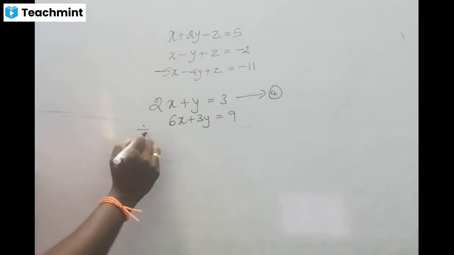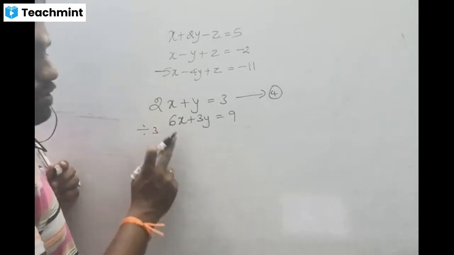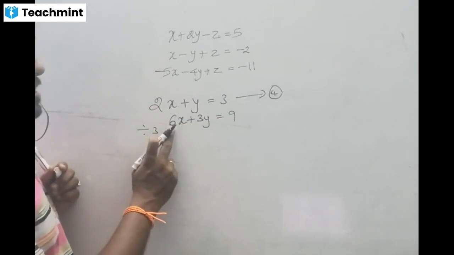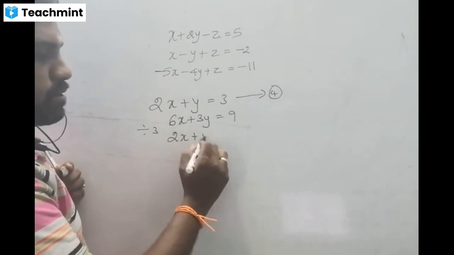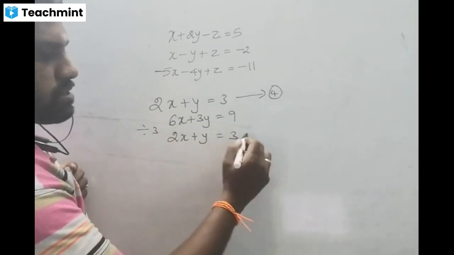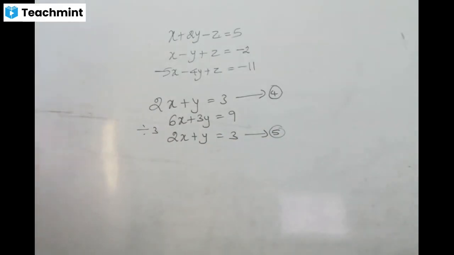Suppose I want to simplify the equation by dividing by 3. Each element divided by 3, then what we get? 2x plus y is equal to 3. So this is equation number 5. Now please solve the equation 4 and 5 and get the value of x.